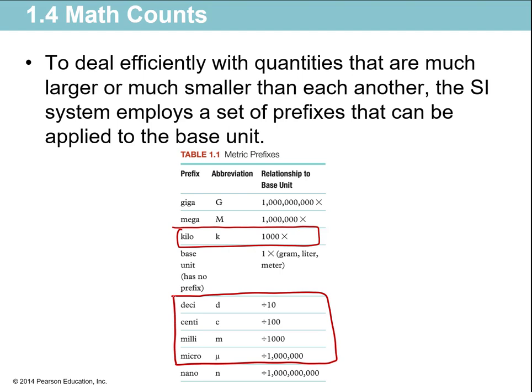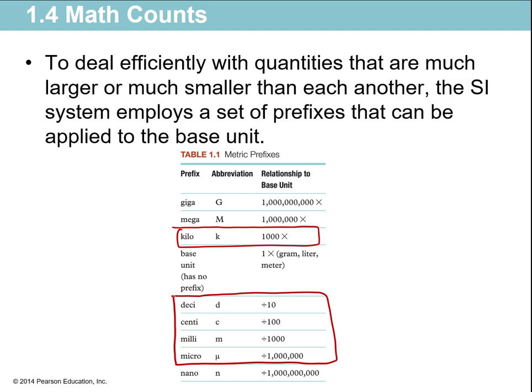I am not very concerned with giga because you will almost never use that in health sciences, or mega because they're humongous units compared to the base unit. I'm also not all that concerned about nano, because although you might give micro, which is really small, nano is 1,000 times smaller than that. So we don't use those all that often. So it's really these 5. These are the only 5 that you need to commit to memory.